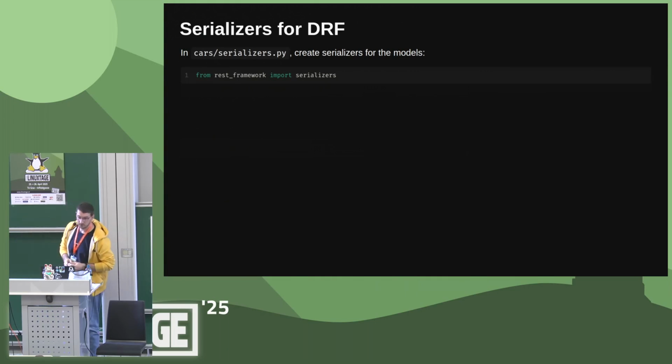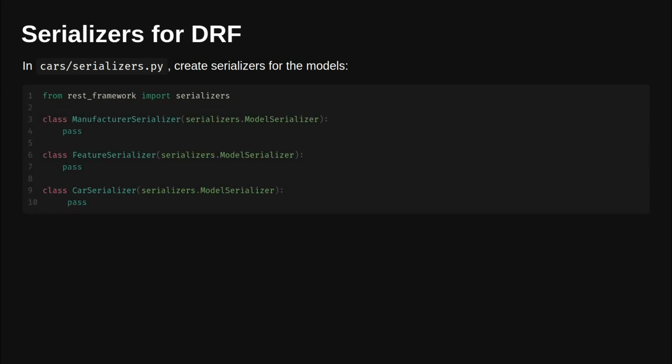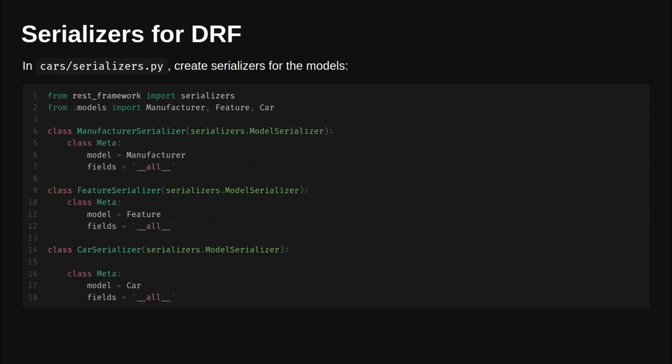The next things that we need to do is to define our serializers. The serializers, you can imagine them as the mappers on how your data will look to the public in your API. Also, you can define those 3 serializers that will be mapped to your model. You can then define in the meta class of each of the serializers to which model this is actually mapped.